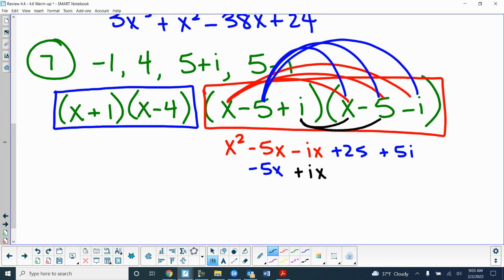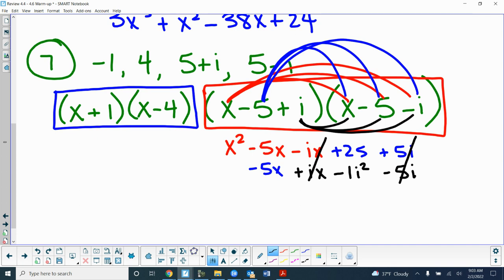And i times negative 5 is negative 5i. And i times negative i is a negative 1i squared, right? There's ones in front of those i's. Okay? So I lined up the like terms, and these two and these two cancel.